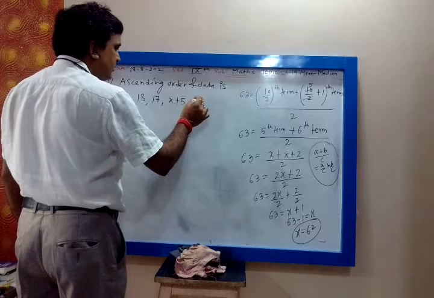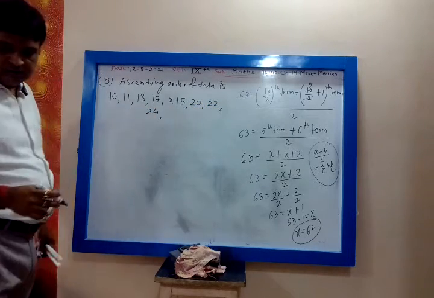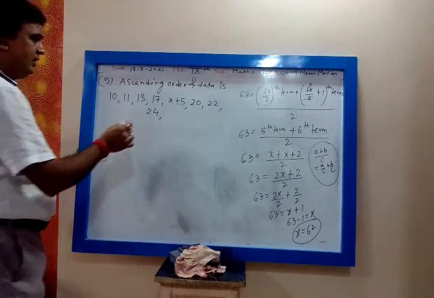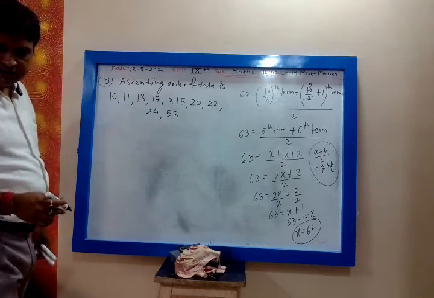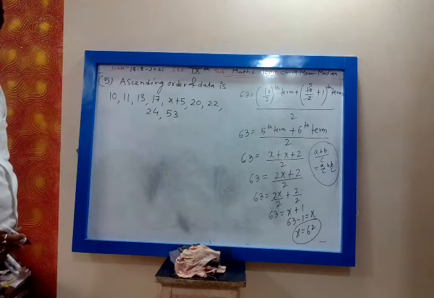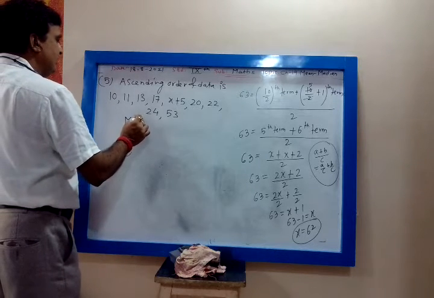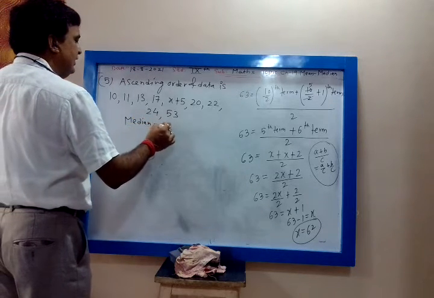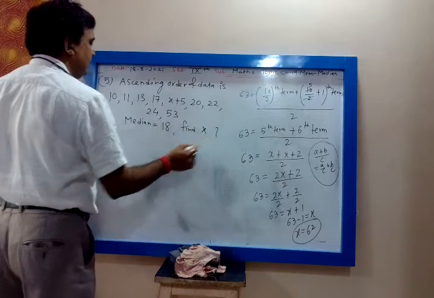Then 20, 22, 24 and 53. Find the value of x. Median is given, median is 18. Find x.